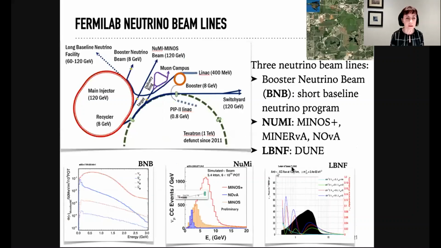And there are two major accelerators producing neutrinos nowadays. One is in the US, called Fermilab, and one is in Japan. This is a little bit small, but this is close to Chicago, the Fermilab laboratory.